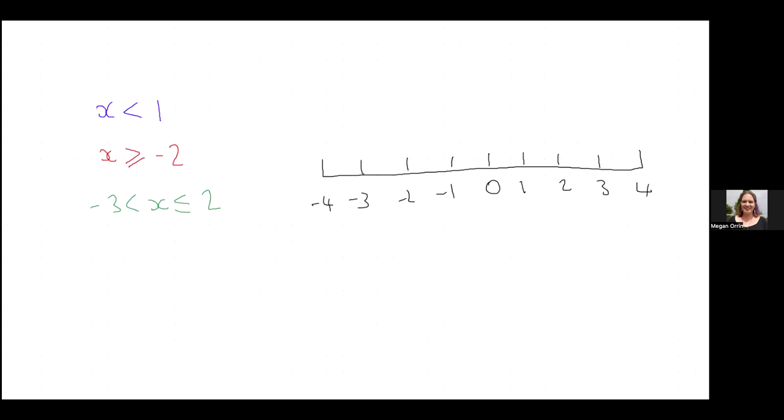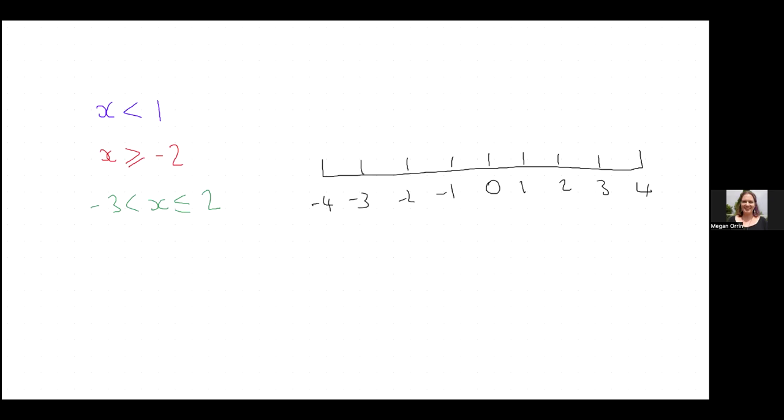All right, so everybody, let's focus. We are going to work on linear inequalities today. So you can see that I've written some inequalities up there. We know what they mean, right? You just read them left to right. If you're starting with the little end, it's less than. If you're starting with the big end, it's greater than.